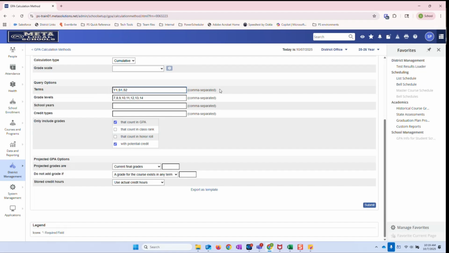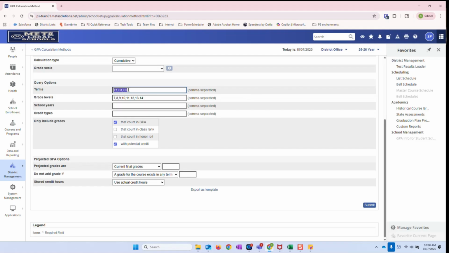So you would want to designate which term or terms a particular GPA is pulling from, so that, for example, if you had potential credit on the quarter length terms, you wouldn't necessarily want that to calculate within a student's cumulative GPA. Therefore, this is where you would set which terms the cumulative GPA is actually looking at.